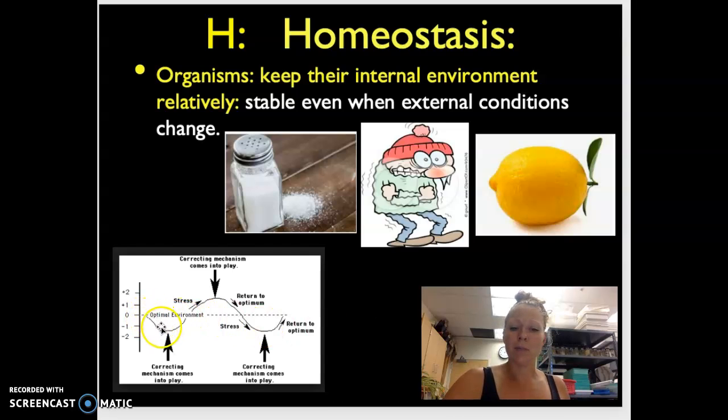And when you get really hot, you start sweating, and that cools you down. So there are a number of ways that we maintain homeostasis, because there's lots going on outside of our body, but we need to have the same amount of salt, the same pH, and the same temperature at all times in order to function correctly. And that's homeostasis.